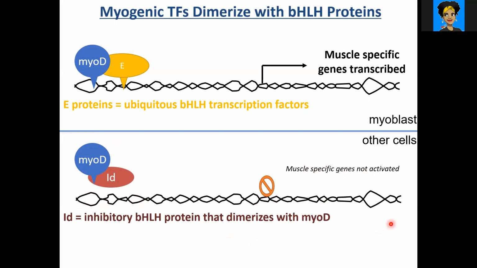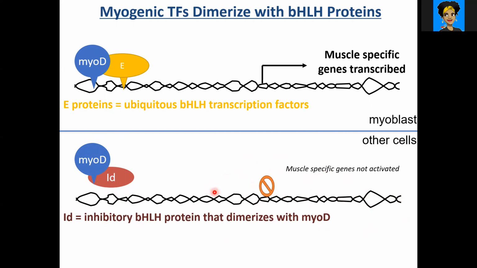And so this is what actually occurs in all other cells. This is what keeps the other cells of the somite, the ones that are going to become skeleton, from becoming muscle. You're going to have this inhibitory factor bind to MyoD and prevent muscle-specific genes from being turned on.